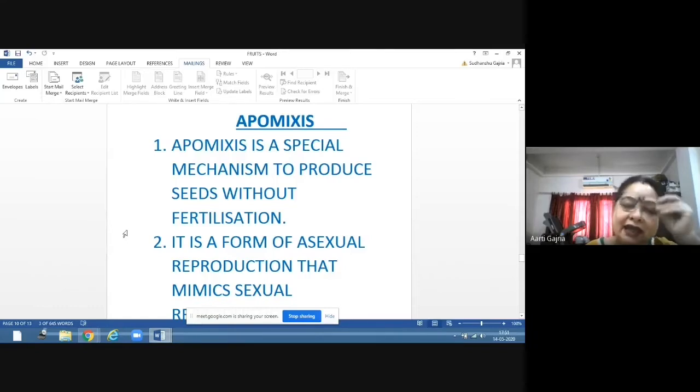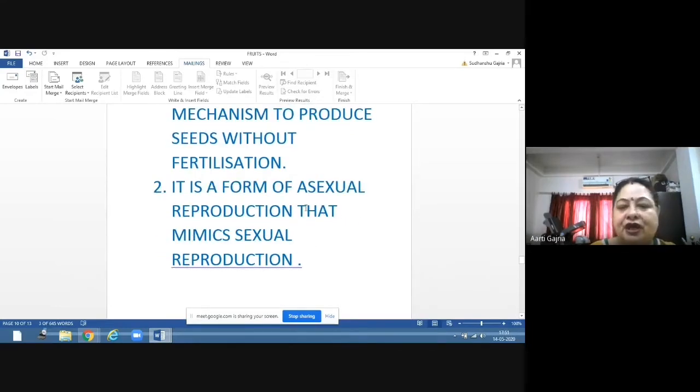But as I always tell you, biology is full of exceptions, and apomixis is an example of that. Here the seeds are produced without fertilization. It's like a form of asexual reproduction. How seeds are formed without fertilization, we will see.